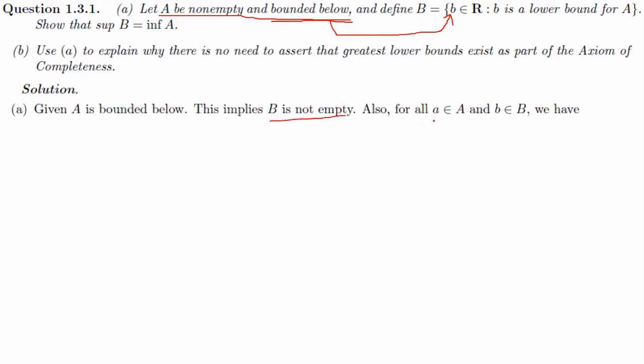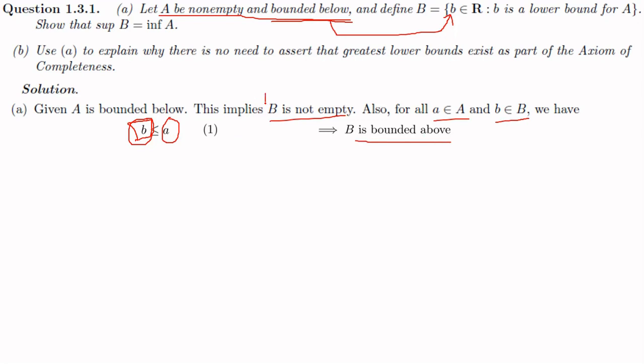Now for all A element of A and B element of B, we have B is less than or equal to A. This is by the definition of B because B consists of all the lower bounds of A. If you look at this carefully, for every B element of B, B is less than or equal to A. This means that B is bounded above.